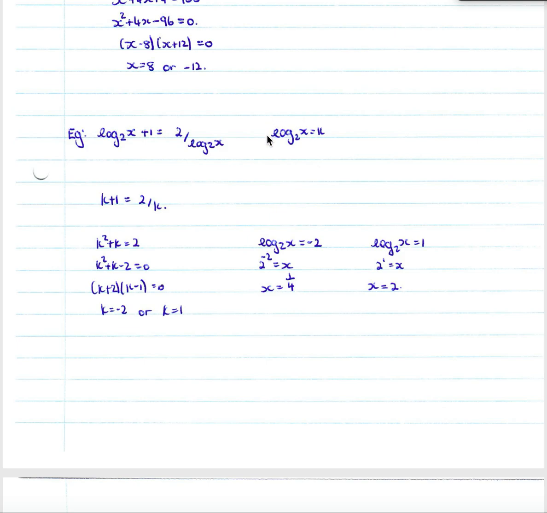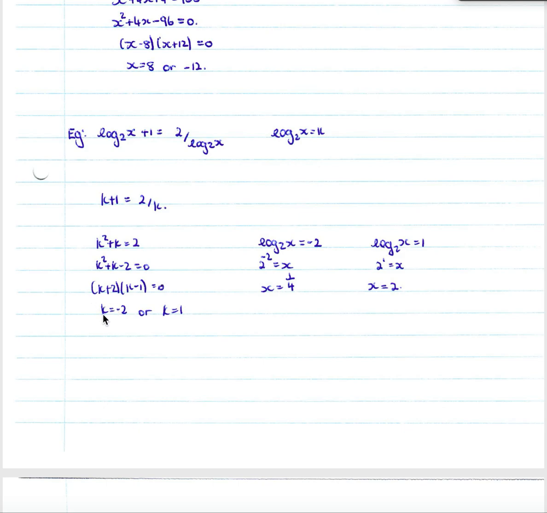As shown here, we substitute log base 2 x with k. Therefore, it's k plus 1 equals 2 over k. Simply multiply that out by your lowest common denominator, and you get k squared plus k equals 2. We solve this like we would any other quadratic, and we come out that k equals negative 2 or k equals 1.